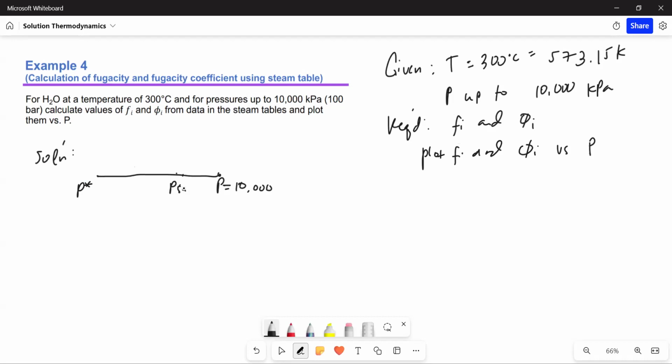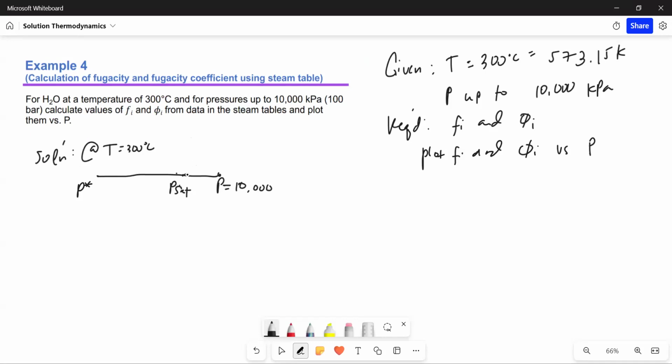Remember that below the saturation point, at a temperature equal to 300 degrees Celsius, below the P saturation, our water behaves as a gas; it is in the gaseous phase. However, above the P saturation, it will behave as a liquid.